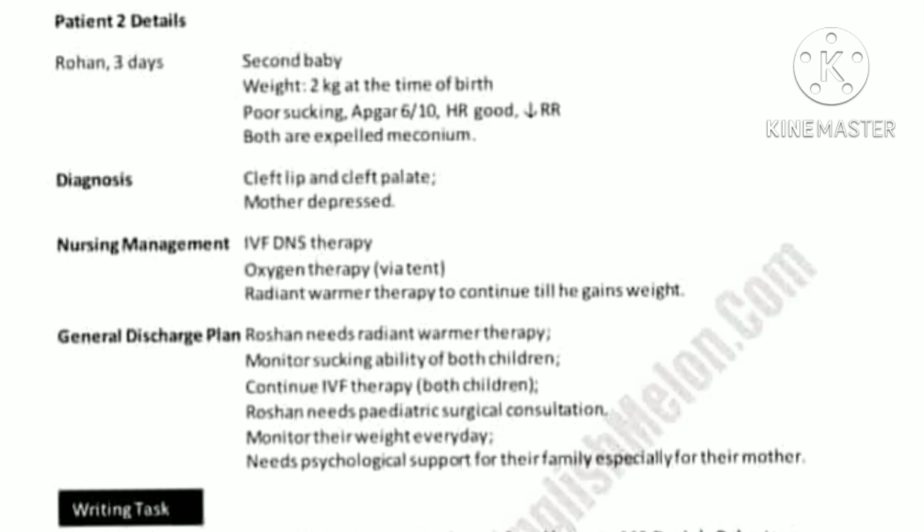Rohan needs pediatric surgical consultation because he has cleft lip and cleft palate. Then monitor their weight every day. Needs psychological support for their family, especially for the mother, as it is mentioned there that the mother is depressed due to his condition.